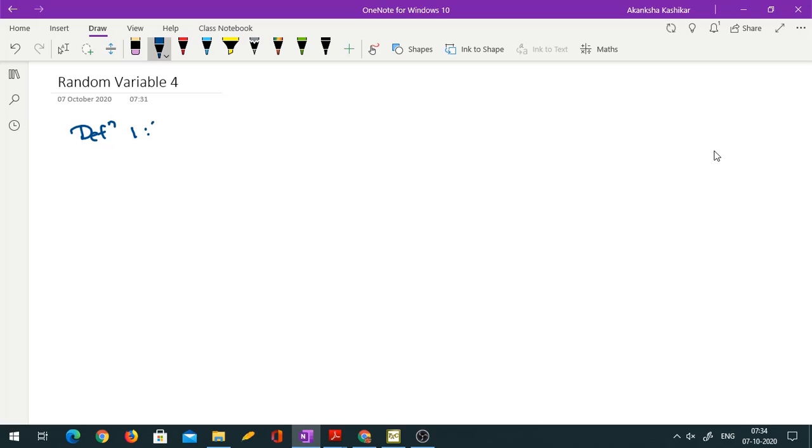This definition 1 is also known as the classical definition. So what does the classical definition say? Let X be a function from (Omega, script A) to (R, script B). Omega can be anything, R is the set of real numbers, and B is a Borel field.